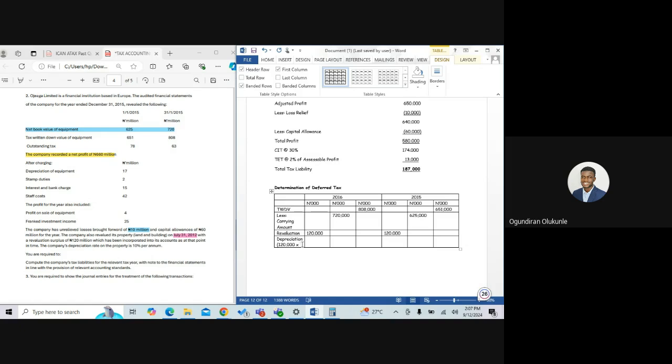So you still have about how many months remaining to complete it? The accounting year is to December, but it was revalued in July. 5 months. So you have 4 years, 5.